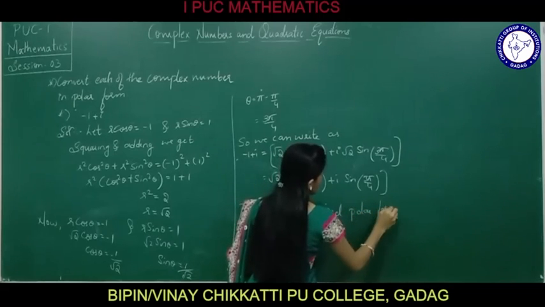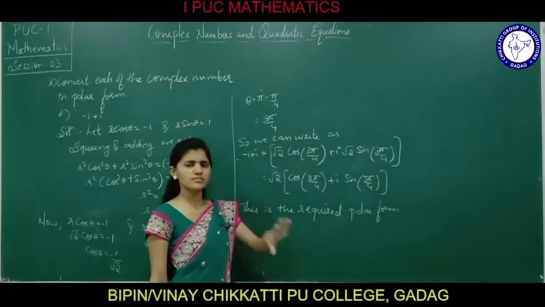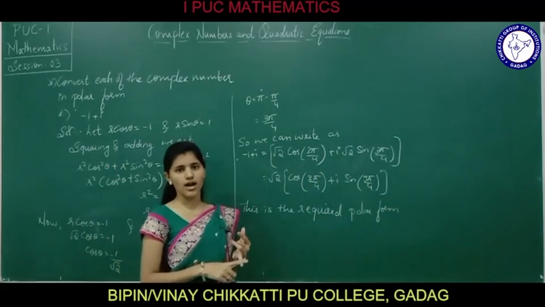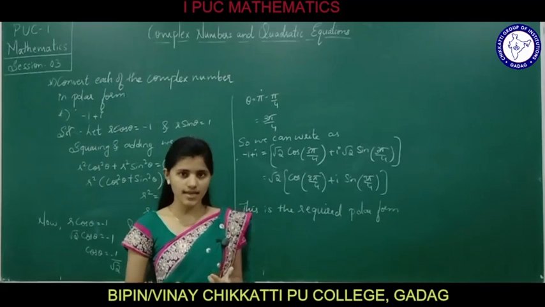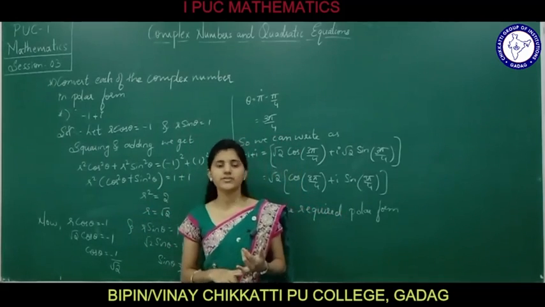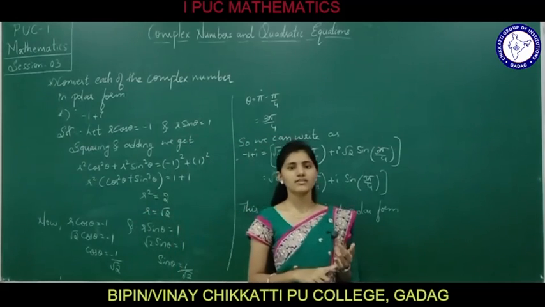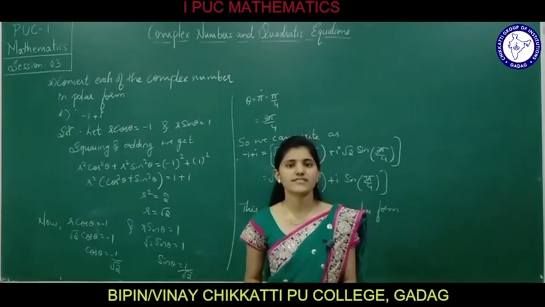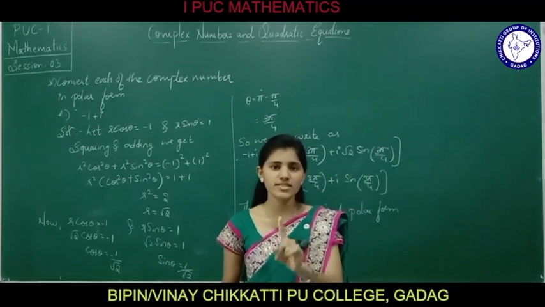All the problems are similar to it. First we are going to find r, write down r cos theta, then r sin theta. Then first let us square it and add. We are going to get it in the form of r square into sin square theta plus cos square theta, where sin square theta plus cos square theta has value 1.